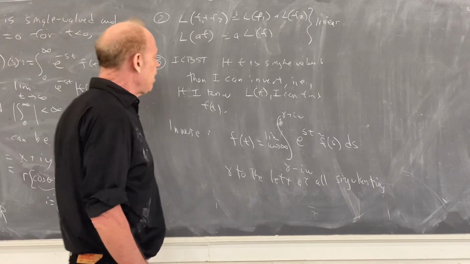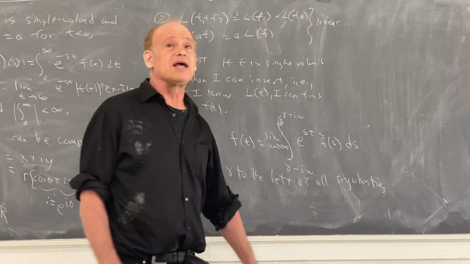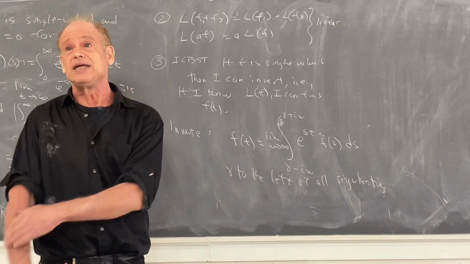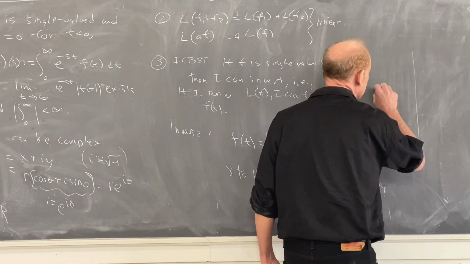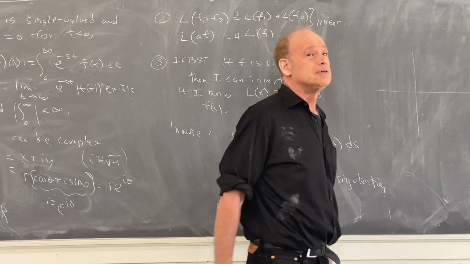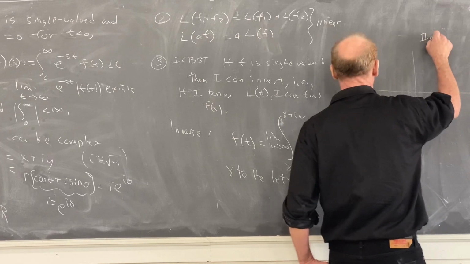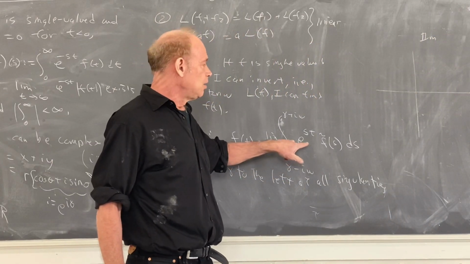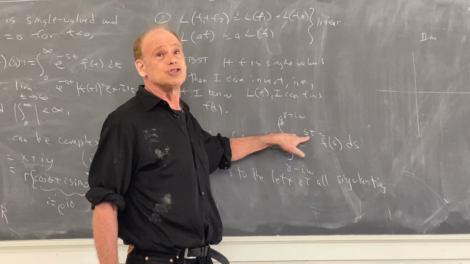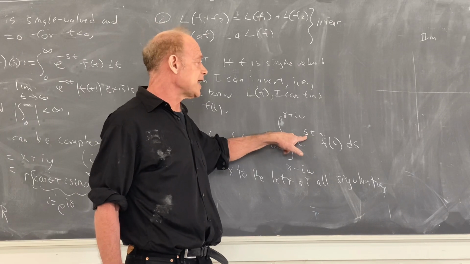This says, remember I told you s can be complex. So if I need to calculate the inverse, then the way I do it is I look at the complex plane, real, imaginary, and I look at all the points in the complex plane where, well, this never goes to infinity for finite t, for finite s.